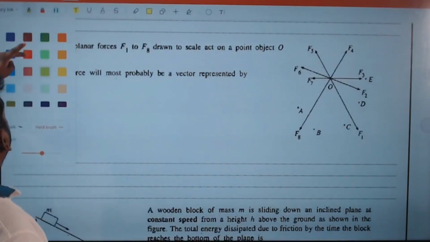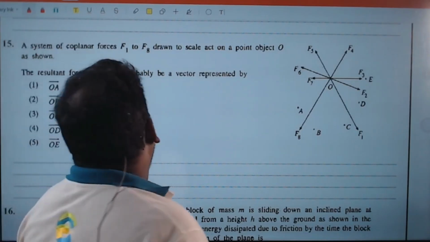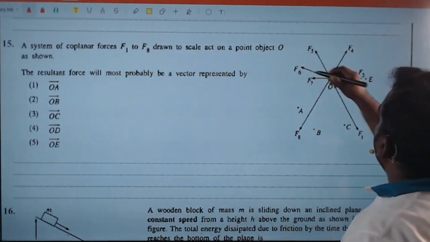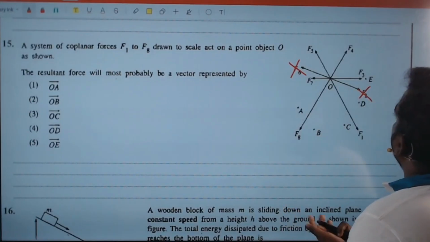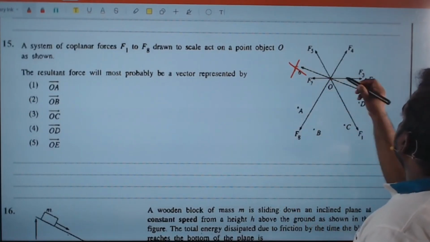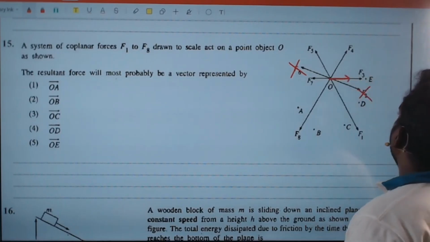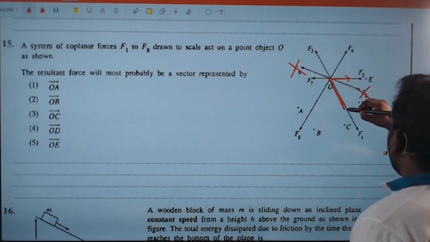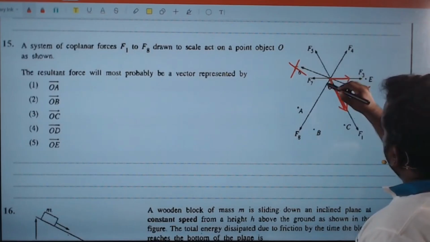Next one. A system of coplanar forces is given. For the resultant force, equal vectors will cancel off. This vector will cancel off. This is bigger, the resultant is up to there. This is bigger, the resultant is up to there. This is bigger, the resultant is up to there.